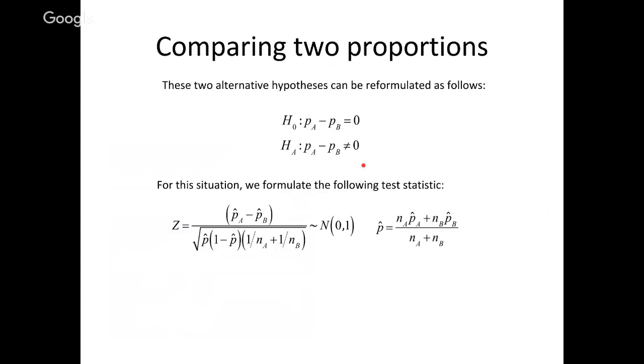I didn't derive this, but if you follow through with the logic, what we find is that the quantity Z here, which represents the difference in the measured proportions, divided by this weighted proportion, which is just a weighting of the two proportions A and B by their respective sample numbers, times the number of samples in A and the number of samples in B. When we compute this Z statistic, it turns out it is distributed according to the standard normal distribution.